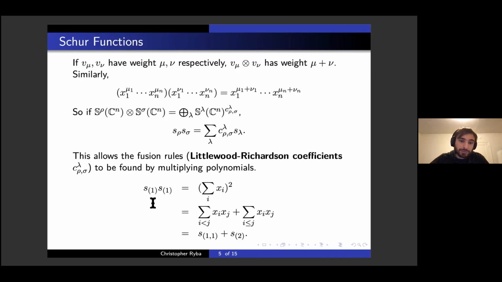And so here's an example. So recall that S1 is going to be the character of the vector representation of GLN. So when I consider the product of it with itself, secretly I'm considering Cn tensor Cn. And when I expand this out, I can decompose it in this particular way.